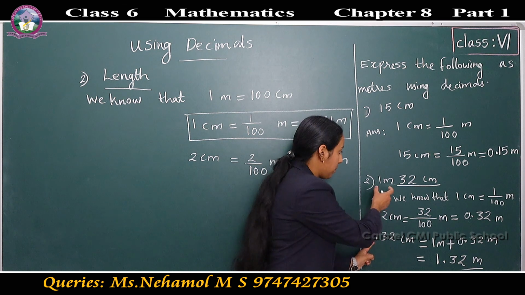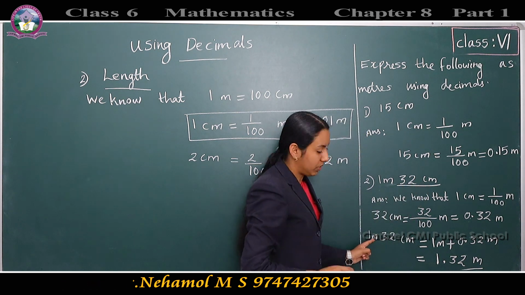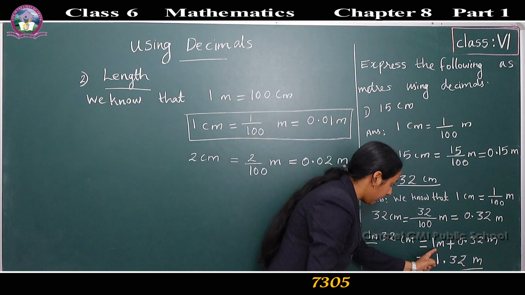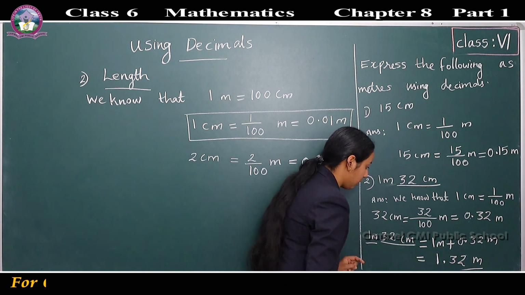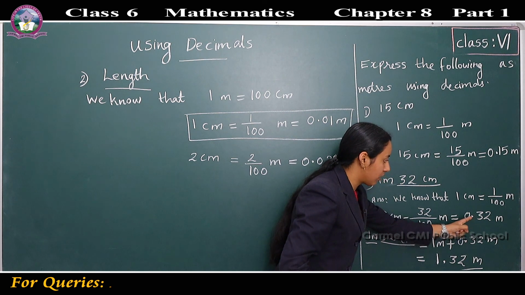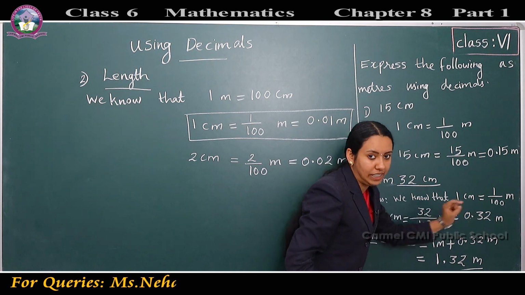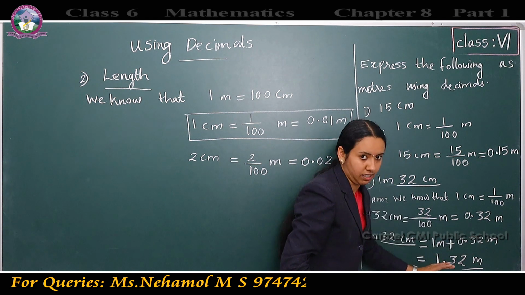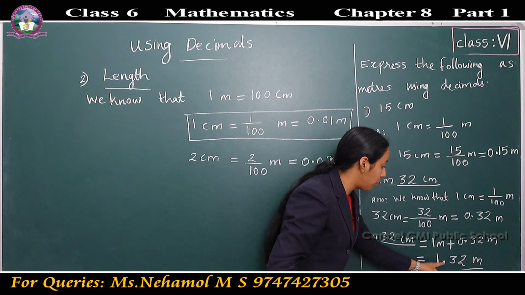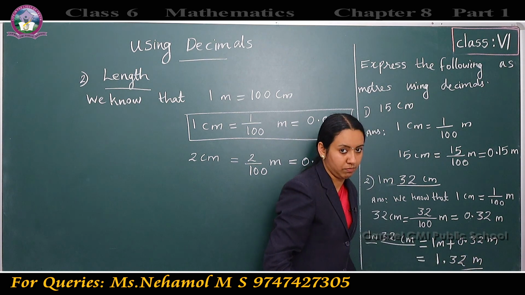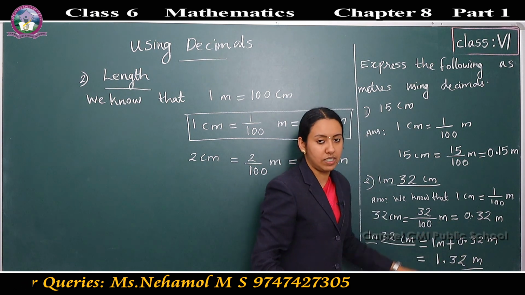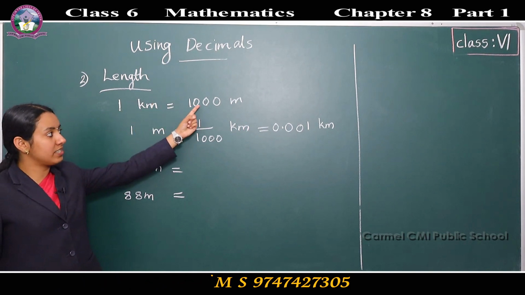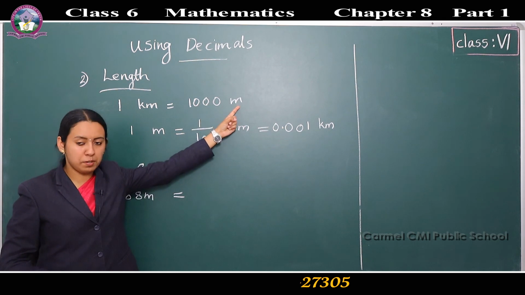Then 1 meter 32 centimeter is 1 meter plus 0.32 meter, which is equal to 1.32 meter.